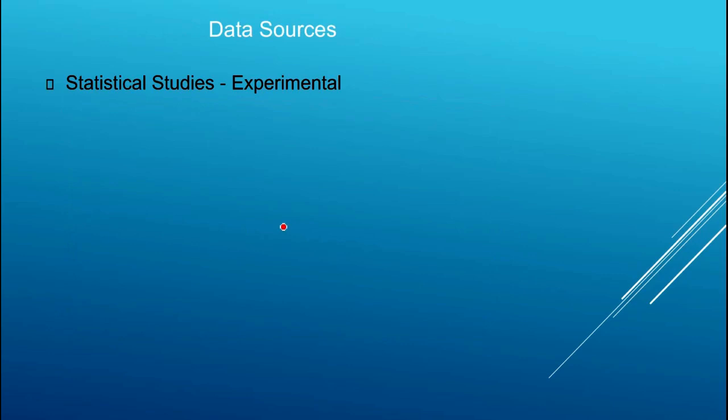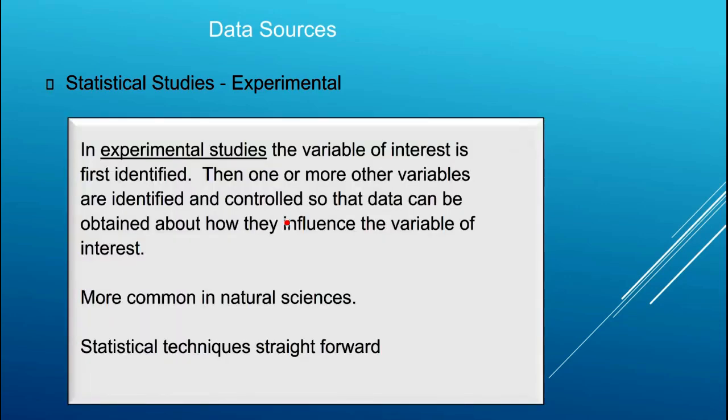So data sources in general, as I said, can either come from existing sources or statistical studies, which can be experimental in nature. In an experimental study, the variable of interest is identified first. Then one or more variables are identified and controlled so that data can be obtained on how they influence the variable of interest. This is more common in natural sciences.